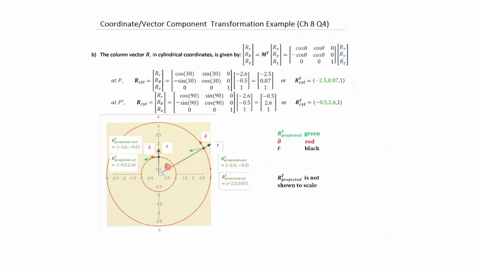But when we're dealing with cylindrical coordinates, the theta hat here is pointing in this direction, r hat's pointing in this direction, and green is pointing this way. That's quite different than the picture you see here, where now the red's pointing here and the black is pointing here. So clearly, you need the transformation matrix to make sure that you account for the fact that the basis vectors are position dependent.